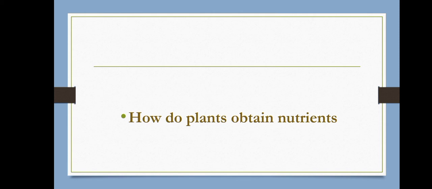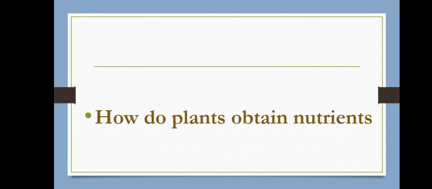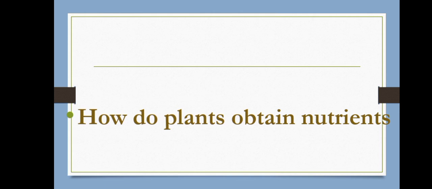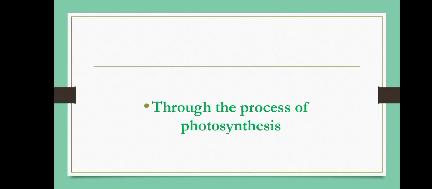Plants are autotrophic organisms, that is, organisms that have the ability to manufacture their food, and they obtain their nutrients through a process known as photosynthesis.